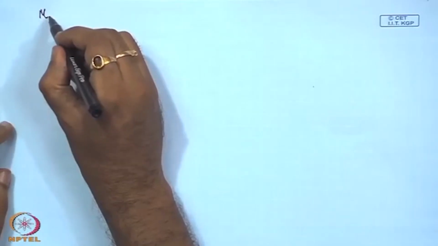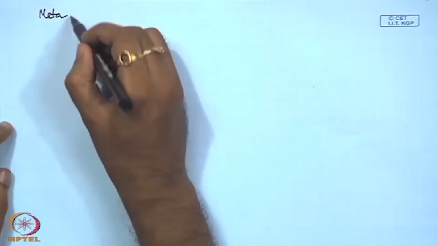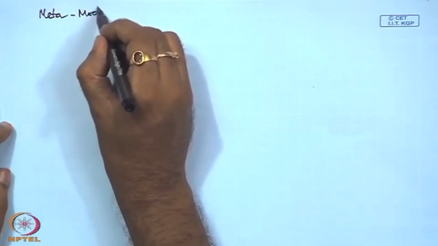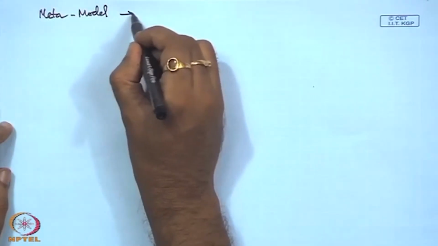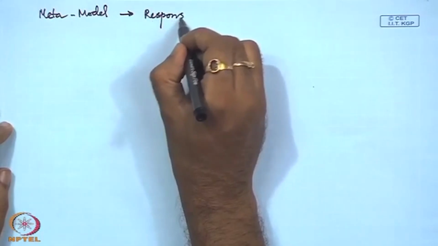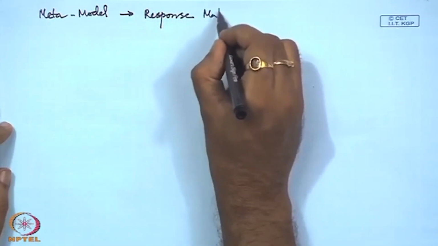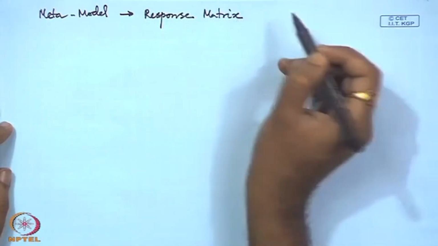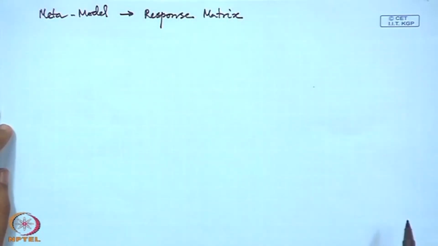In the meta model approach, the most primitive approach is the response matrix.